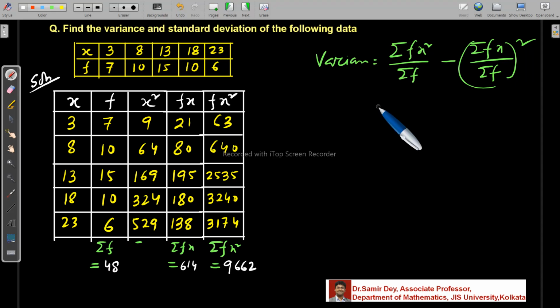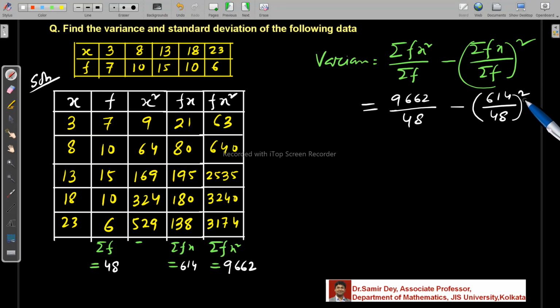Now you know everything, just substitute here: 9662 divided by summation f, which is 48, minus 614 divided by 48 whole square.